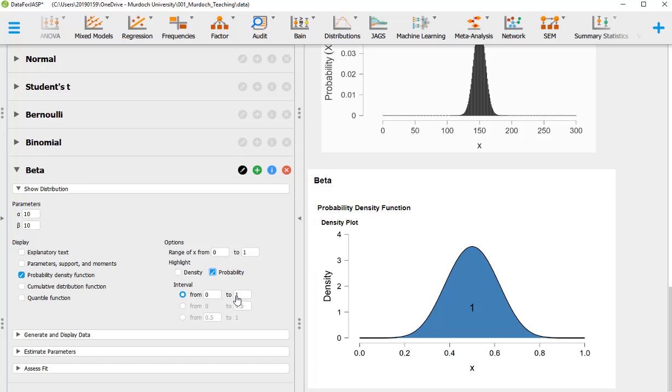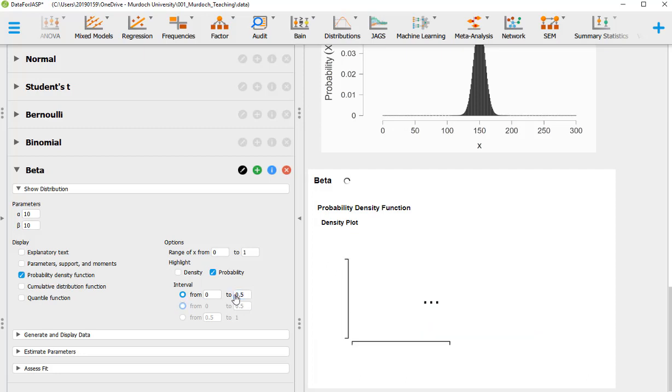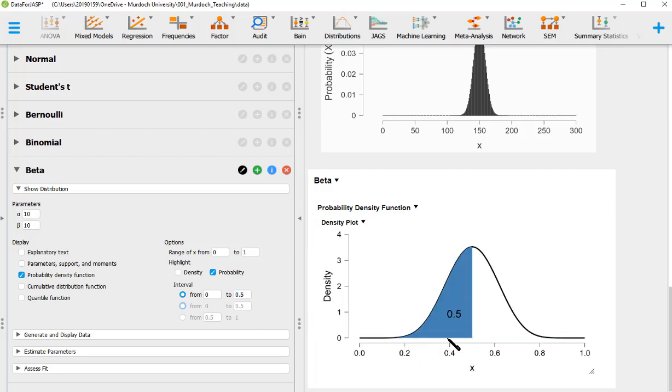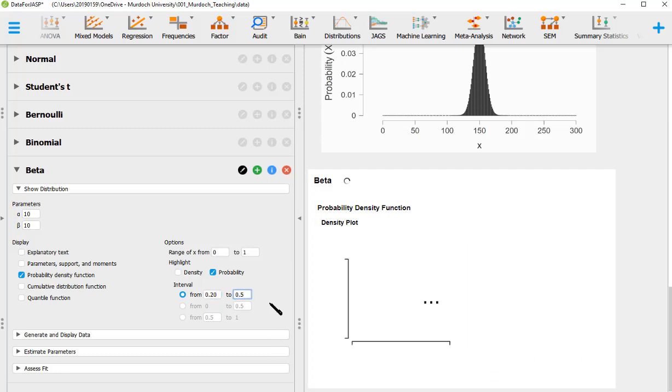But let's say from 0 to 0.5, the left side of the distribution. If the values A and B, or alpha and beta, are the same, then the distribution is symmetrical, so we have 50% of the distribution on one side of 0.5 and 50% on the other side. What's the probability of the distribution being between 0.2 and 0.8?